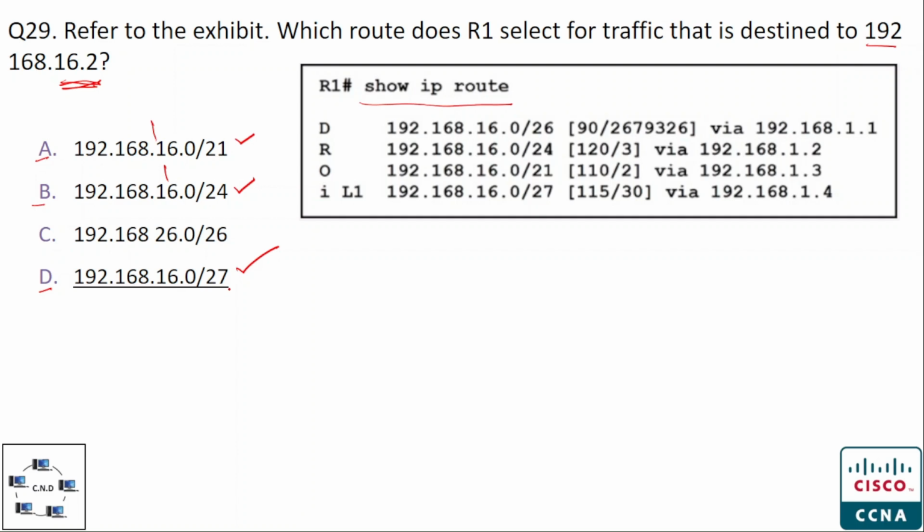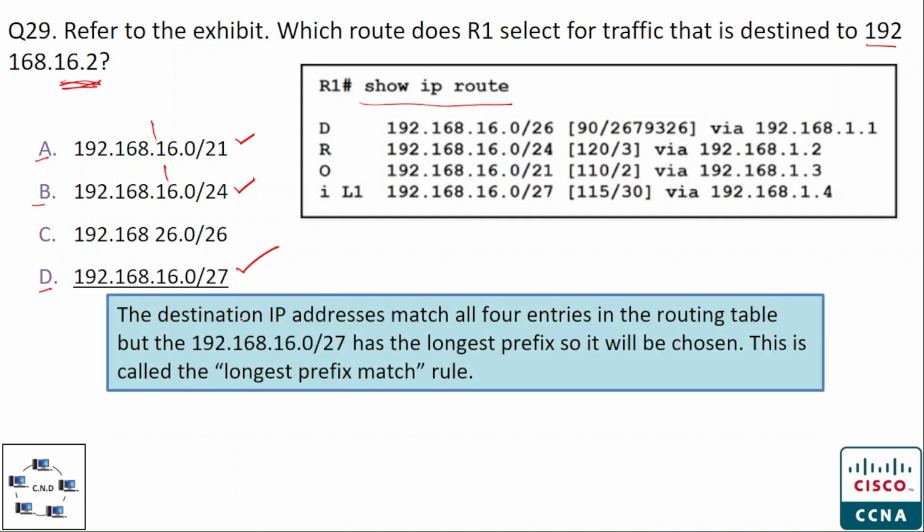So why is this route selected? It is because the destination IP address matches all four entries in the routing table, but the 192.168.16.0 /27 has the longest prefix, so it will be chosen. This is called the longest prefix match rule.